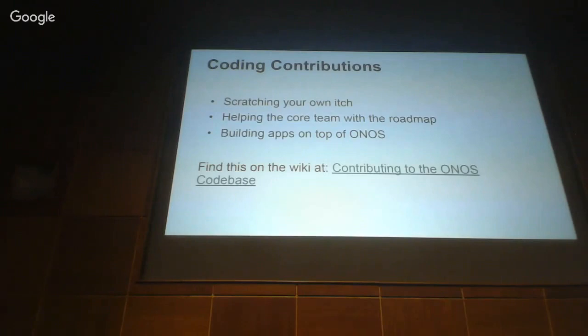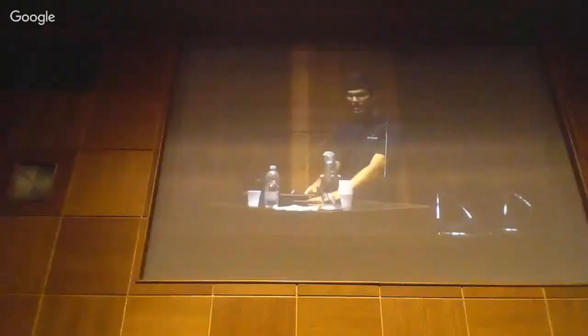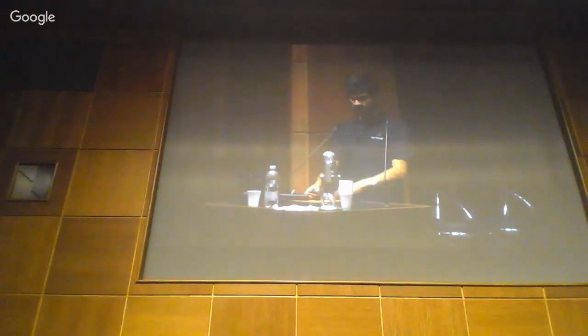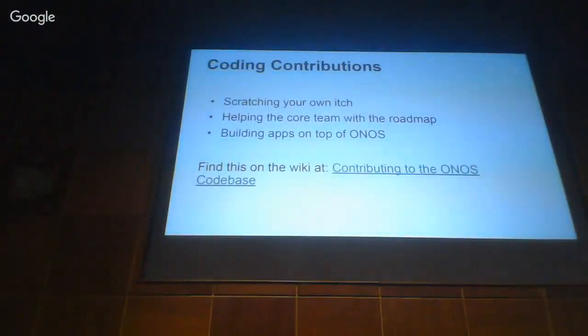Basically, what you have to do is develop an application and send it to the review process in our Gerrit code base. You will go through a review process that we have in place to match a set standard, because we do not want code that is not high quality. And after that, your application will be merged into the ONOS repository, and everybody can use it.